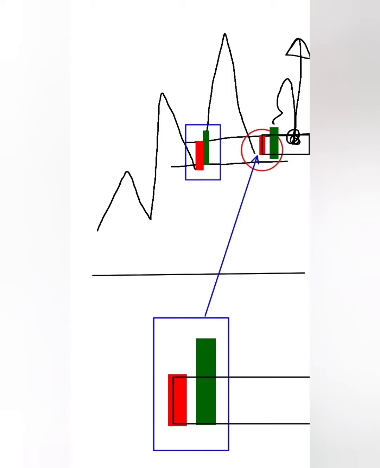Set your SL below your zone. This is the easiest way for you to find your confirmation. You can use the candle zone, the 3 candle zone, in your confirmation level 1. You draw your engulfing confirmation zone and wait for the price to come retest at our confirmation level 1 zone. So this is confirmation level 1.